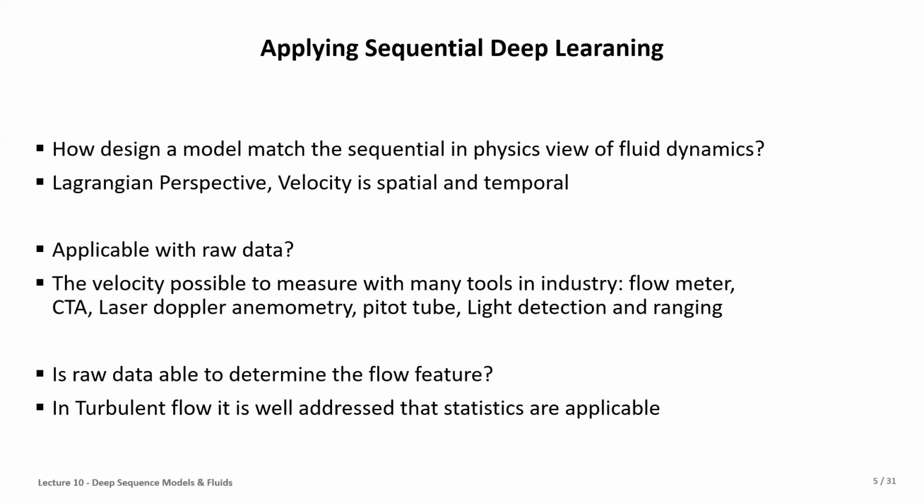That means if we have, for example, a feature like velocity, and we have a statistical measurement from these properties, we can apply this data to study the turbulent flow. This feature of turbulent flow makes it possible to apply measurement data from tools or from numerical solution to create a prediction and then understand the turbulent flow.